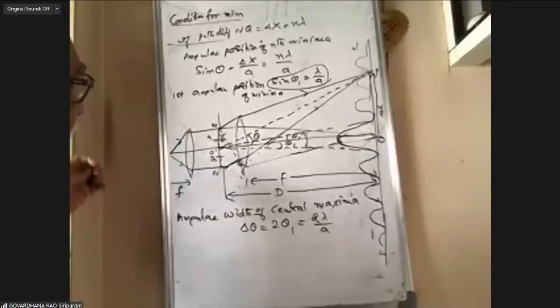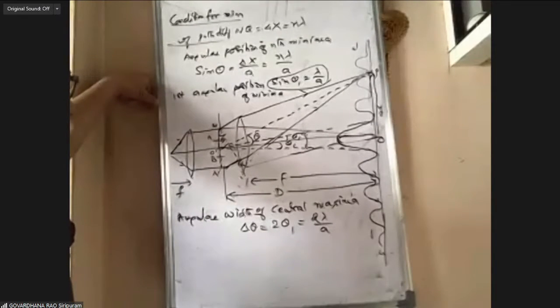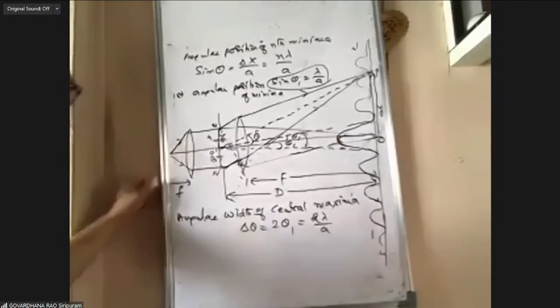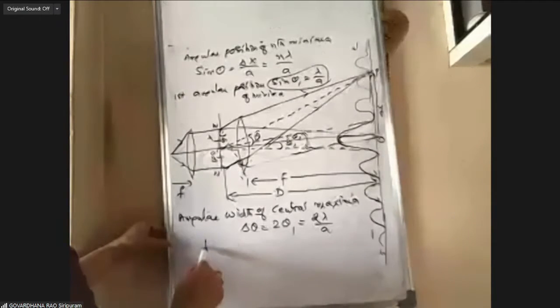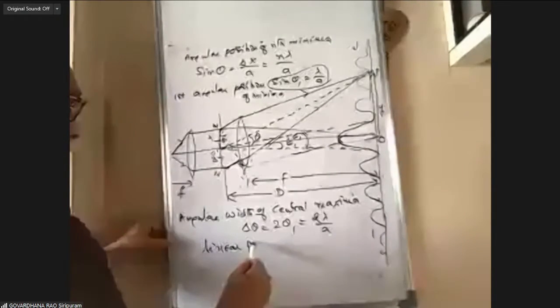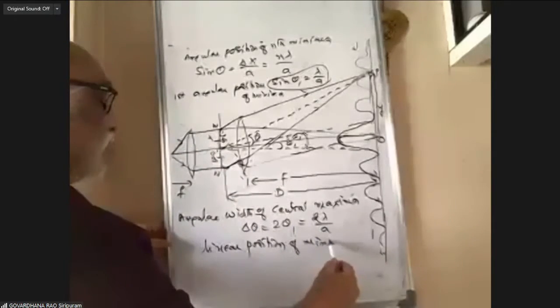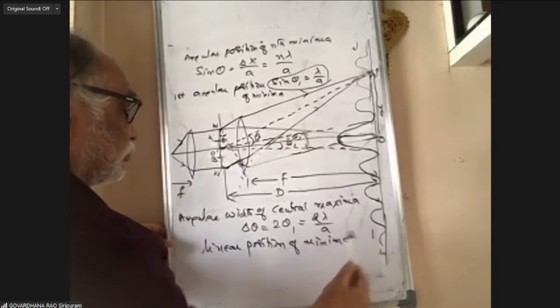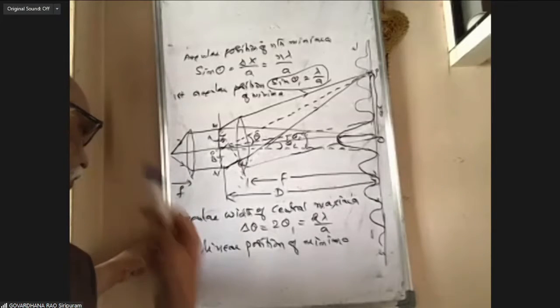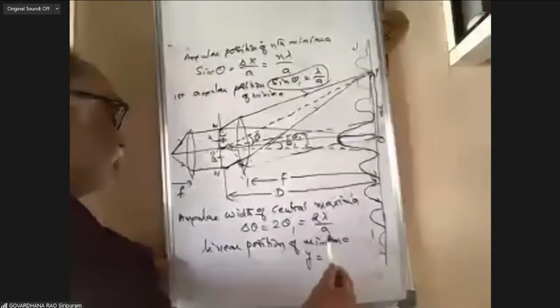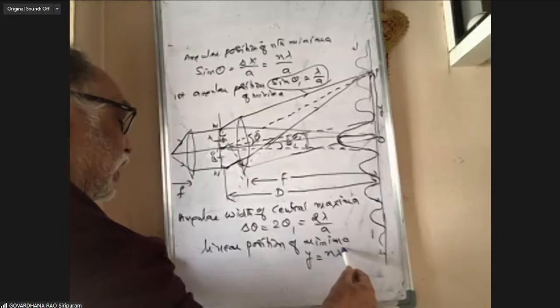What is the linear position of the minima? Y equals n lambda D by a.